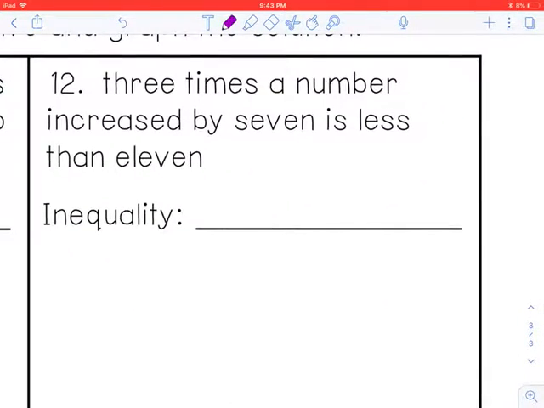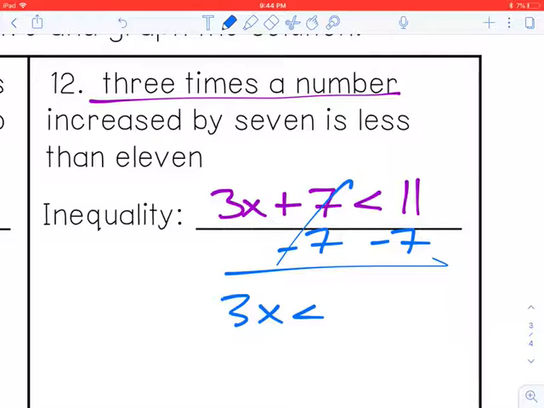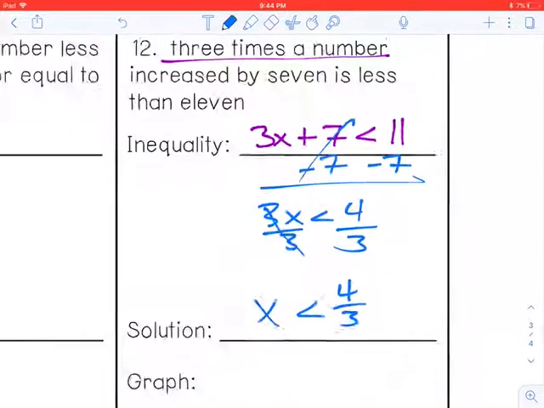So 3 times a number, so 3x, increased by 7, so plus 7, is less than 11, so less than 11. So it said to solve, so now we got to go ahead and get the x by itself. So I've got 3x less than 4, okay, and then divide by 3, we get x less than 4/3, okay.